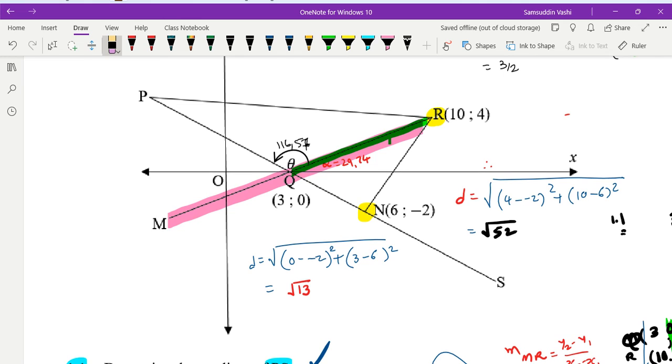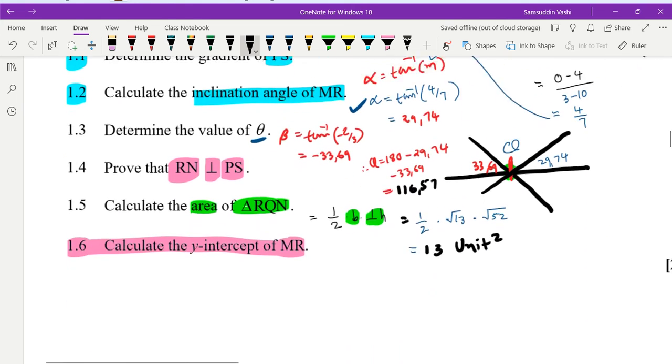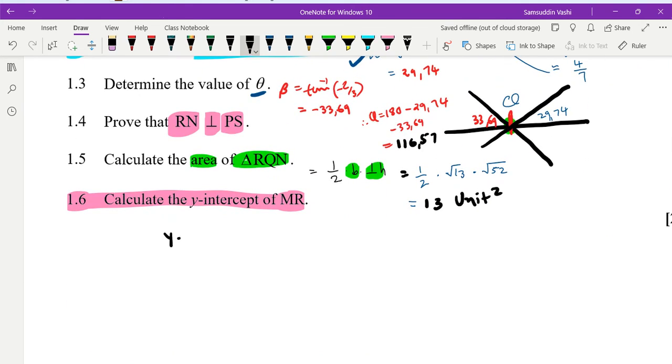So how do we calculate the equation of a straight line? y equals mx plus c. That is what I need to get. And to get there, I will use y minus y1 equals m times x minus x1.